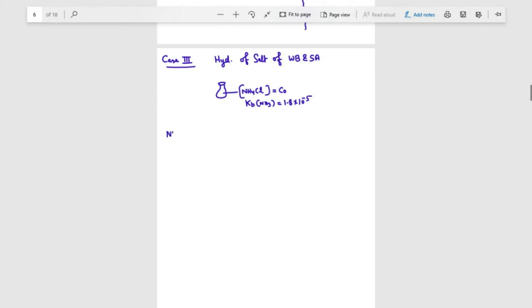When NH4Cl is added to water, or NH4Cl is present in water, it will react with water. So NH4Cl will react with water to form ammonia in aqueous state plus H2O in liquid state. If we combine these two, it will form NH4OH, right? Plus acid.